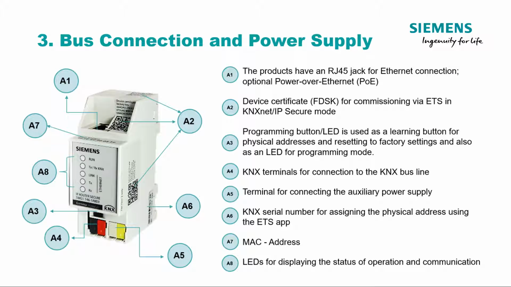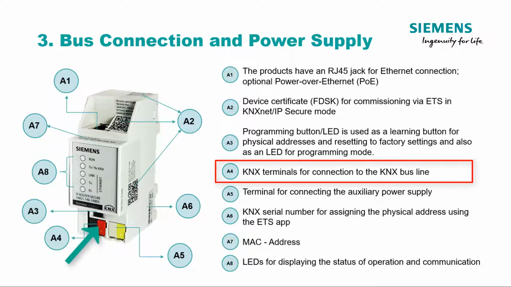Bus connection and power supply. The Siemens KNX IP Secure products are equipped with the traditional black-red bus connection terminal. In order to relieve the KNX power supply, they require additional power supply.